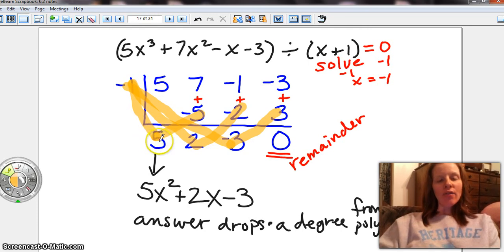When I have these numbers, the 5, the 2, and the -3, these are coefficients of my answer. Just to review, this is a degree of 3, so that means my answer drops down, because this is like x divided into x to the third, which would leave me with an x squared. So that's why I drop a degree. So this is 5x squared plus 2x minus 3. Here I have no remainder.